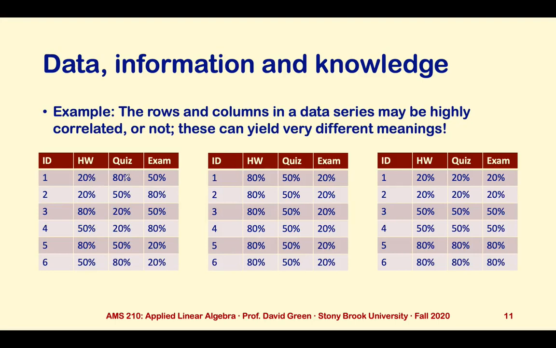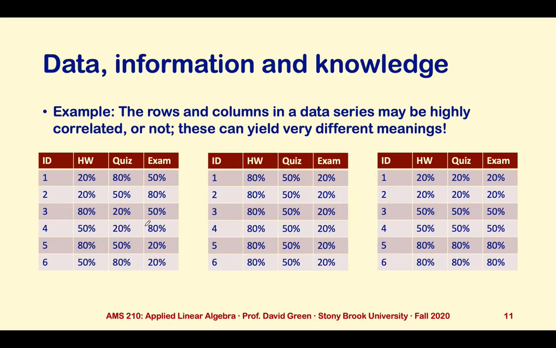In the first, there doesn't seem to be any correlation between the data. We have rows that have 20, 80, 50. We have rows that have 80, 20, 50. We have rows that have 50, 20, 80, and so on. Looking at the rows and columns, how they relate to each other, I can't make any sense of this.